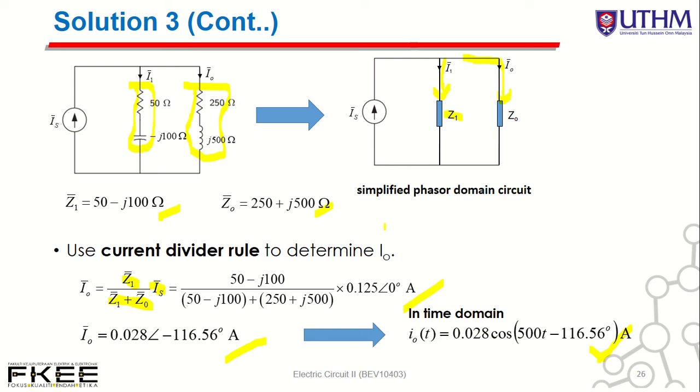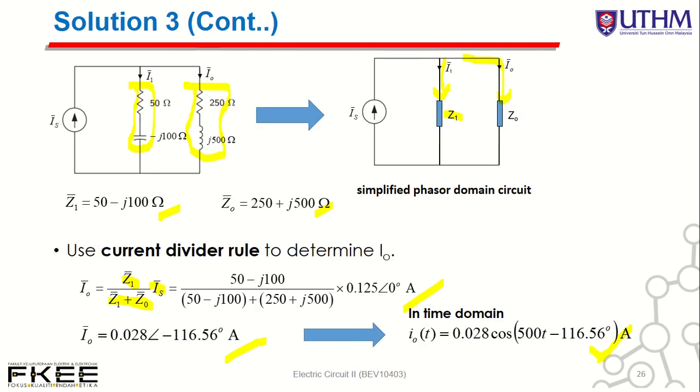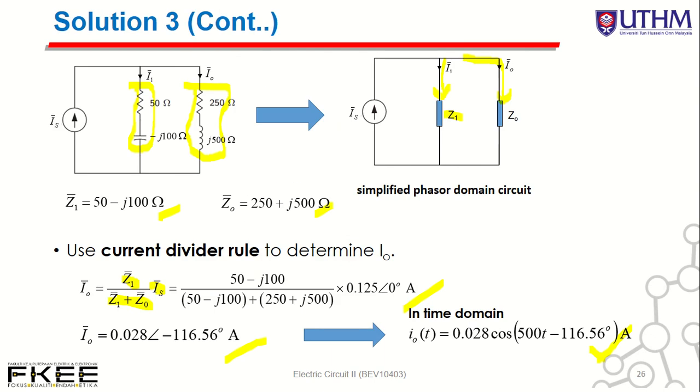When you sum up I1 plus I0, you can get IS. That's the way to check your answer. So I think that's all for the current divider rule, all the examples of current divider rules.